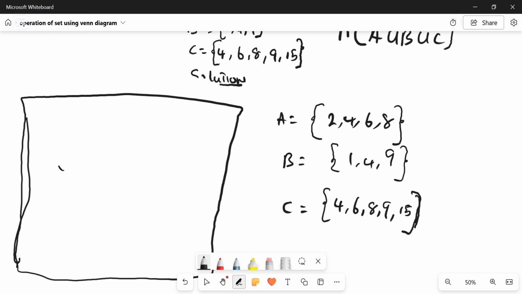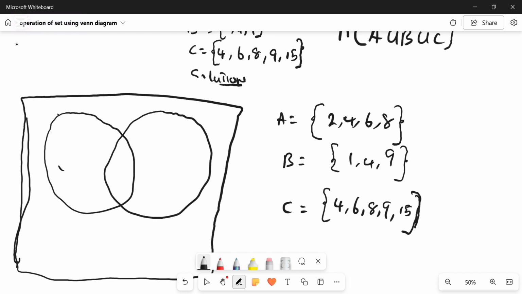So we're going to draw the subsets now. I'm going to call this A, this B, and this subset C. So let's take this carefully.